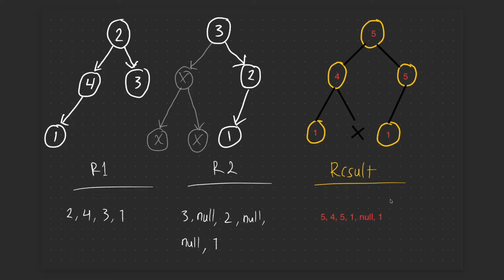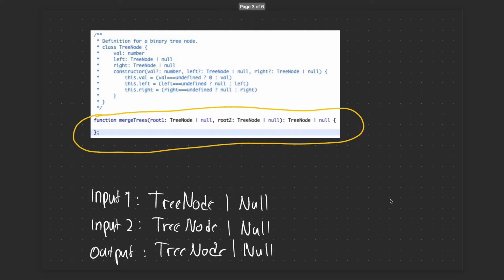Okay, and next, when we look at the editor on LeetCode, we already have a function here, where we have root1 as an input and root2 as an input, and return the tree nodes.